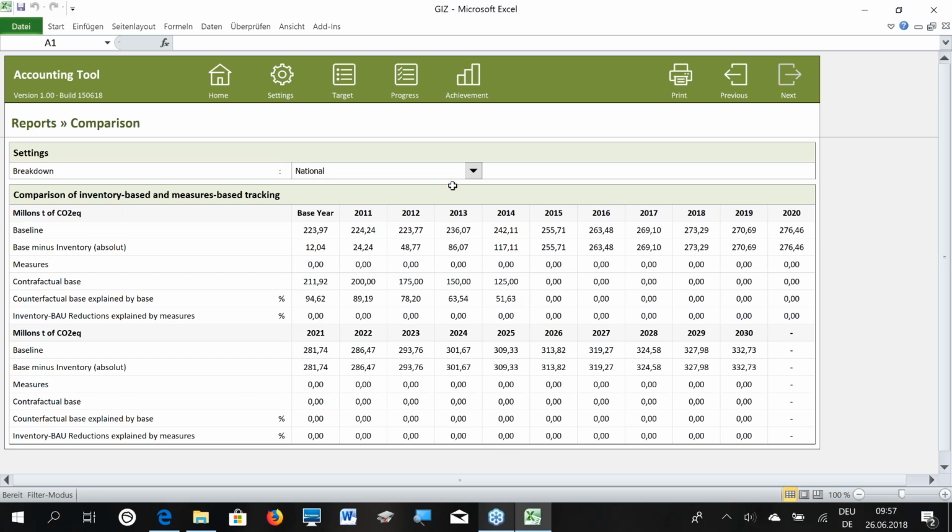It would only be for the most ambitious target, and so you need an additional information source, which is provided by measure-based tracking. But as this is a rather complex issue, and definitely complex to understand if it's not shown on a slide, I don't want to deepen this.